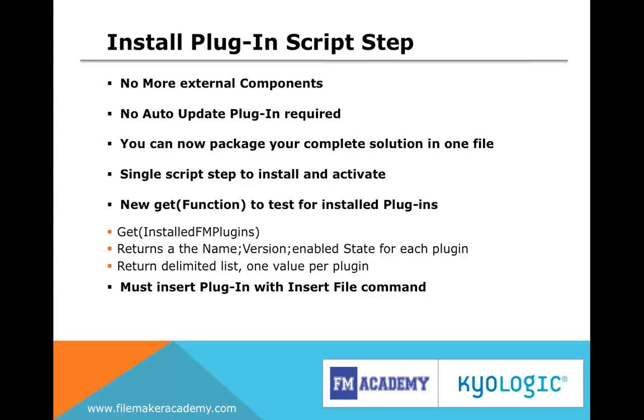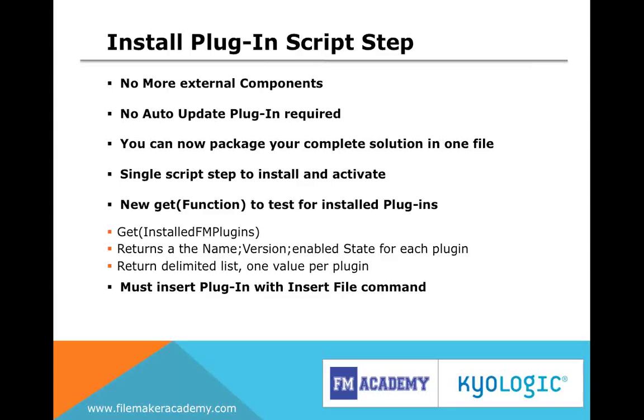You do not need to know how to use the auto update plugin. You do not need to know how to tarball or compress properly or install the plugins on the server in special folders. You simply place the plugin using the insert file command into a container field, and you use the new script step, install plugin, and the plugin is placed on the user's machine.